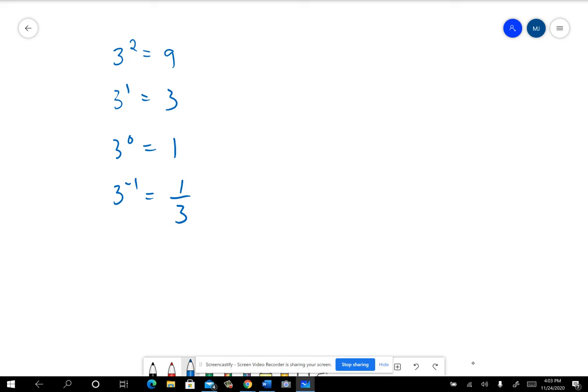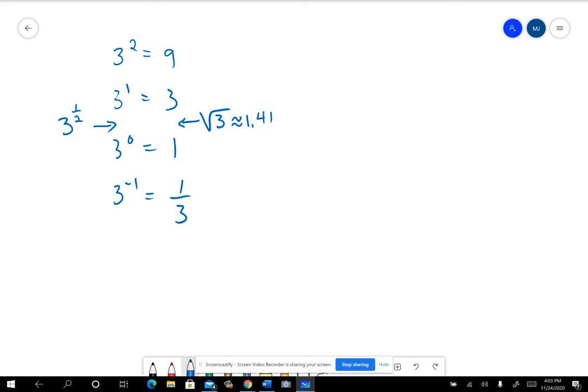Well, you can also have an exponent that's fractional, like 3 to the 1/2. That really is the square root of 3, and if you did that, it would turn out to be around 1.41.